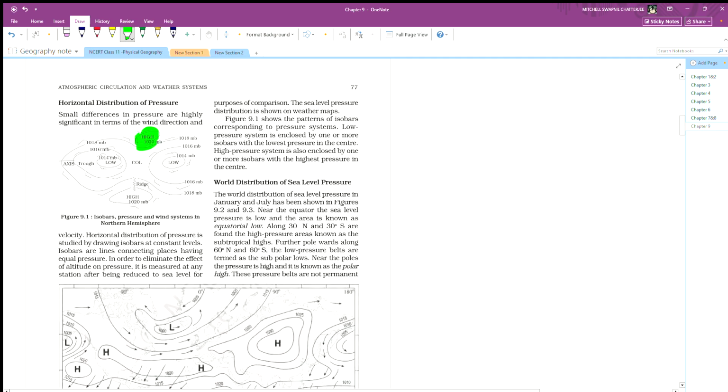That's why the air in the higher pressure area will go to the low pressure area, but there might be some barriers. Let's get through this and then we'll get a clearer picture.